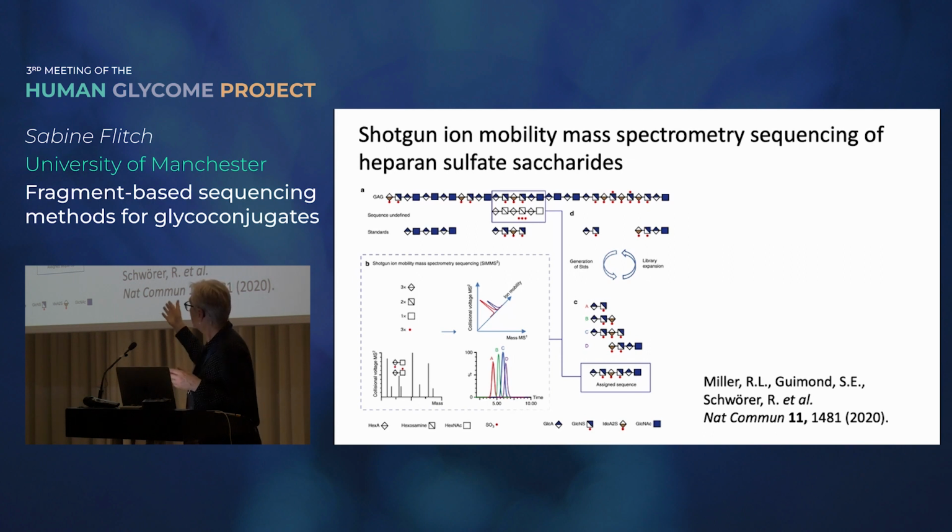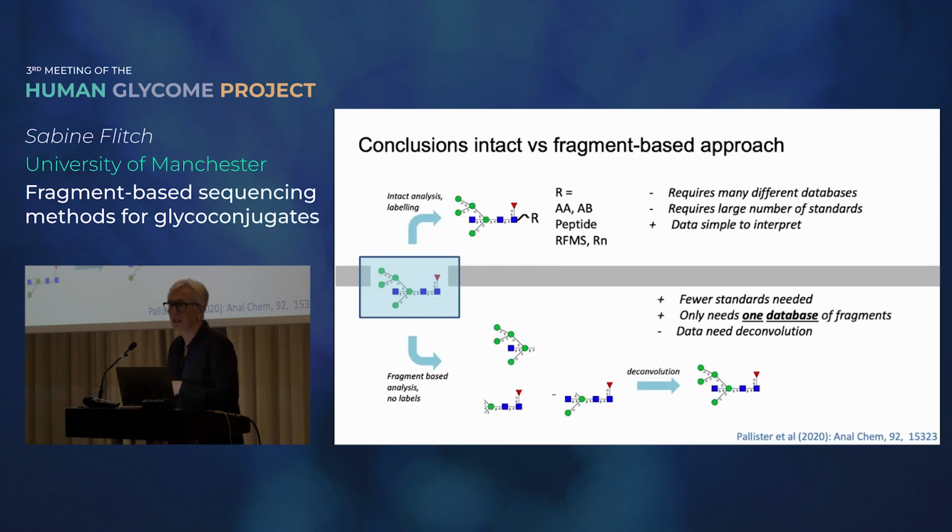By using standards, which are much easier to access synthetically, and comparing the ion mobility fragments, they could assign the sequence unambiguously and show that that particular sequence was there. So this approach doesn't only work for N-glycans and metabolites, it also works for GAGs. And I think it's a very nice method if you want very high resolution structure determination, which in some cases might be important.